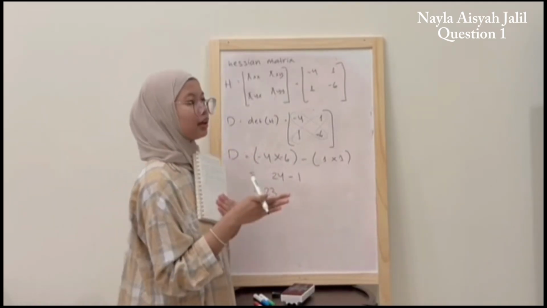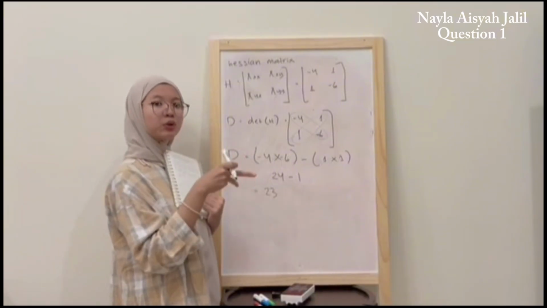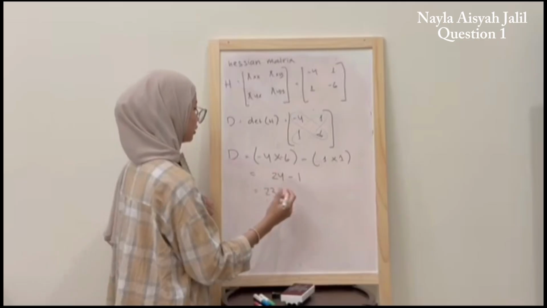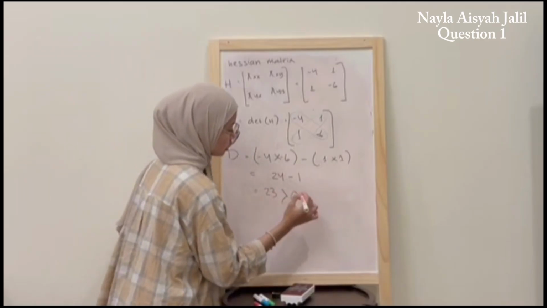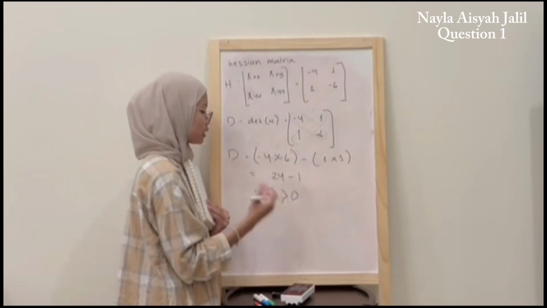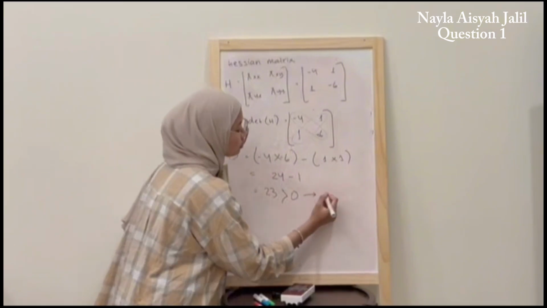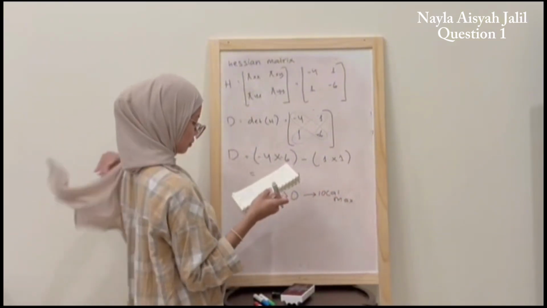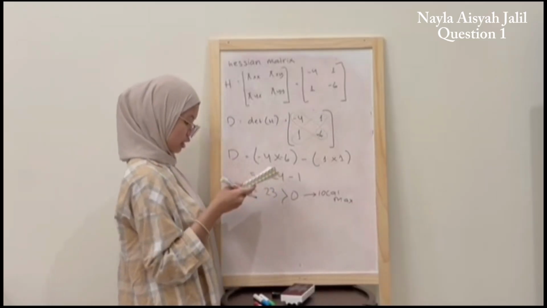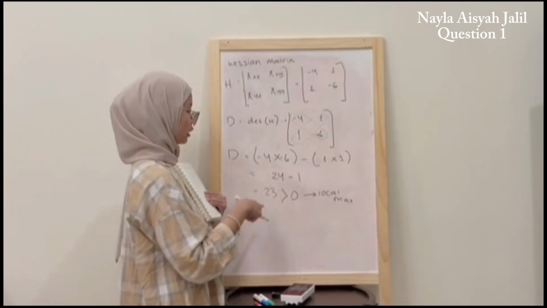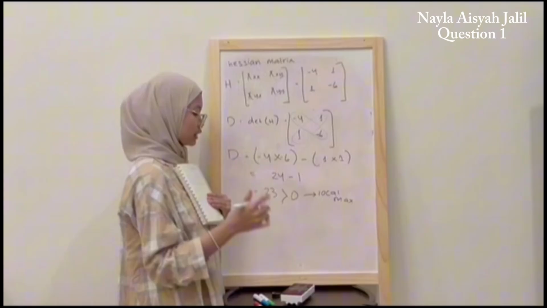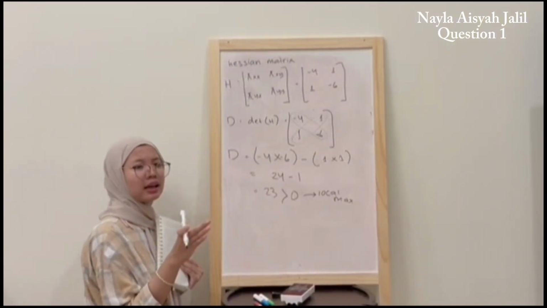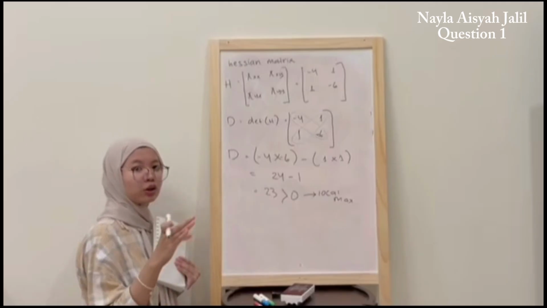If the determinant is bigger than 0, then the stationary point is a local maximum or minimum. So this is the local maximum. And then from the second derivative partial, if second derivative partial is smaller than 0, then that is max.